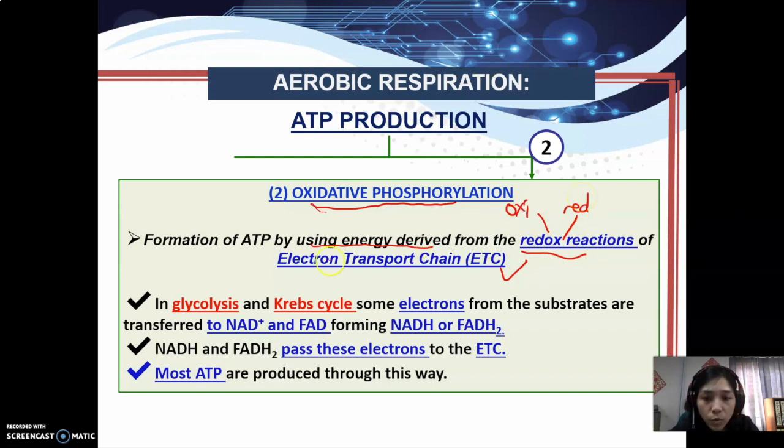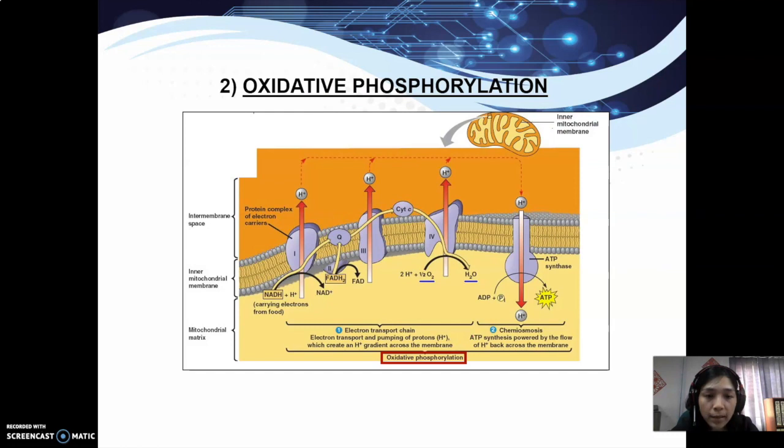So we need a large amount of NADH and FADH2, produced from Krebs cycle and glycolysis. NADH and FADH2 will pass the electrons to the ETC, where redox reaction occurs and ATP is produced. We will learn the details of oxidative phosphorylation in the tutorial later.